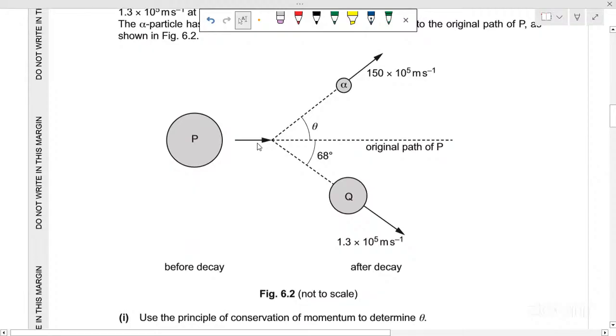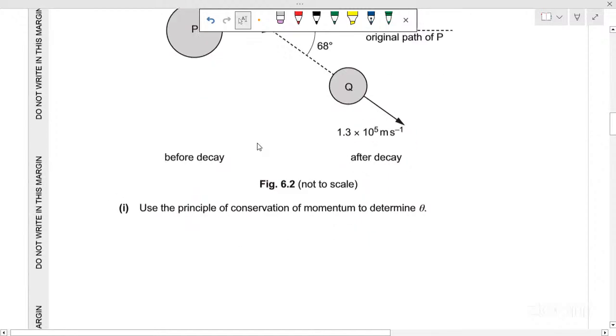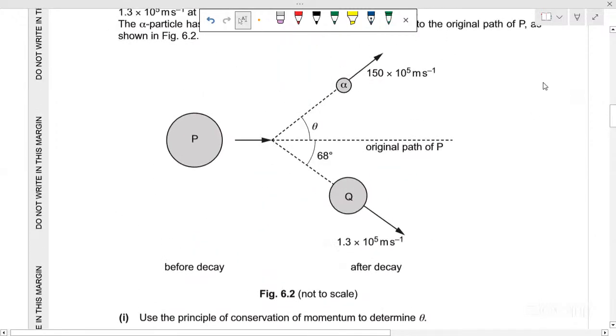So if the vertical momentum before is 0, then the total vertical momentum after must be 0. So here I should write the equation for vertical momentum.